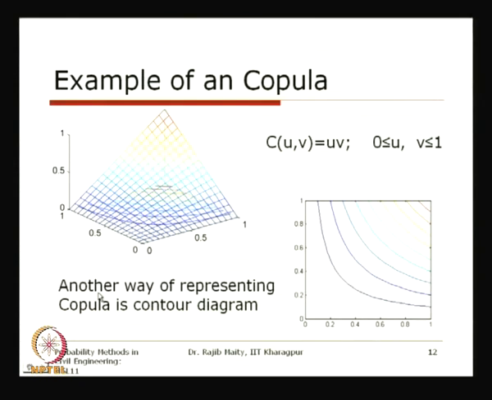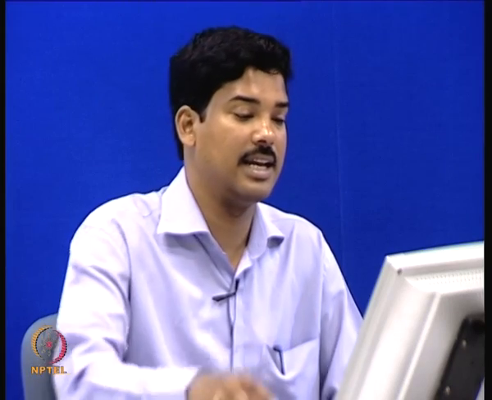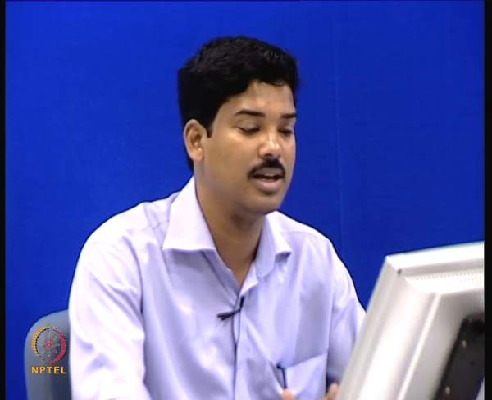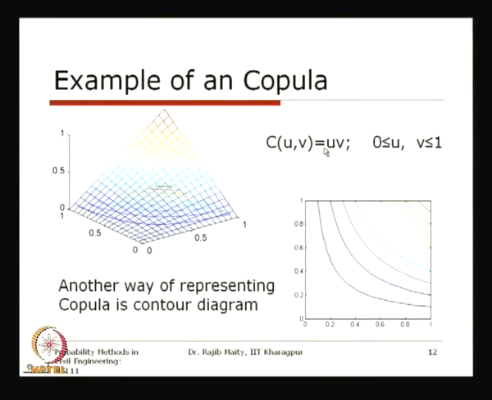So, one example of a copula, which we used earlier also, is the independent case. If the two random variables are independent, then we know that their joint distribution is nothing but the product of their individual marginal distributions. So, that particular copula function will be C(u, v) equals u multiplied by v.